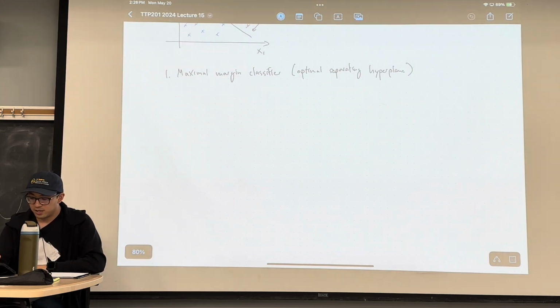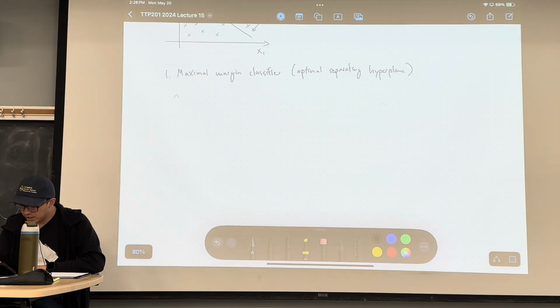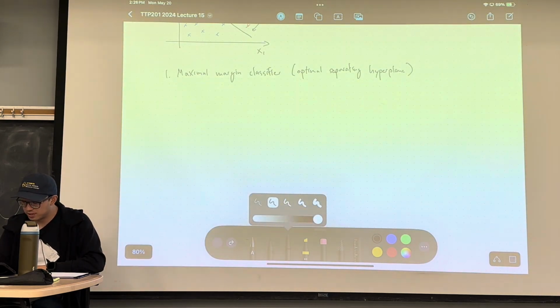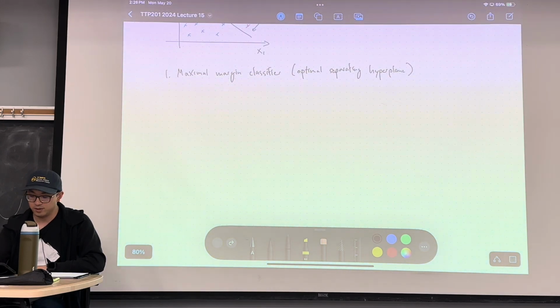There are a couple of problems we need to think about with something like what I just drew.